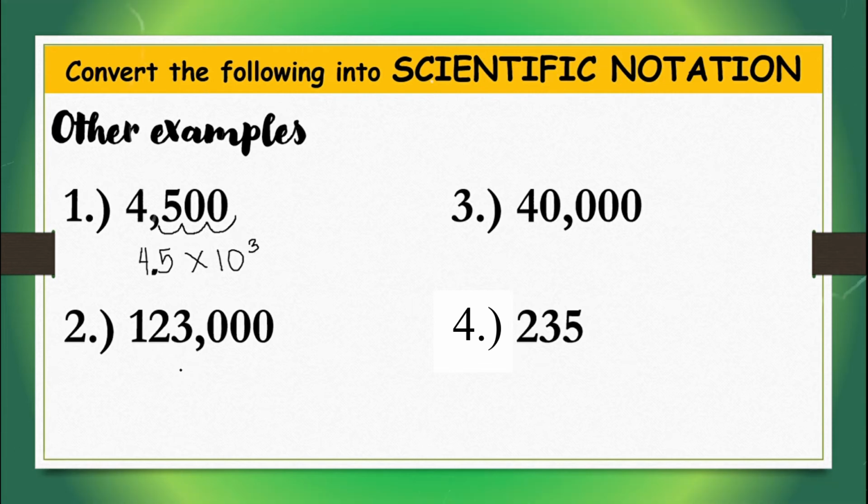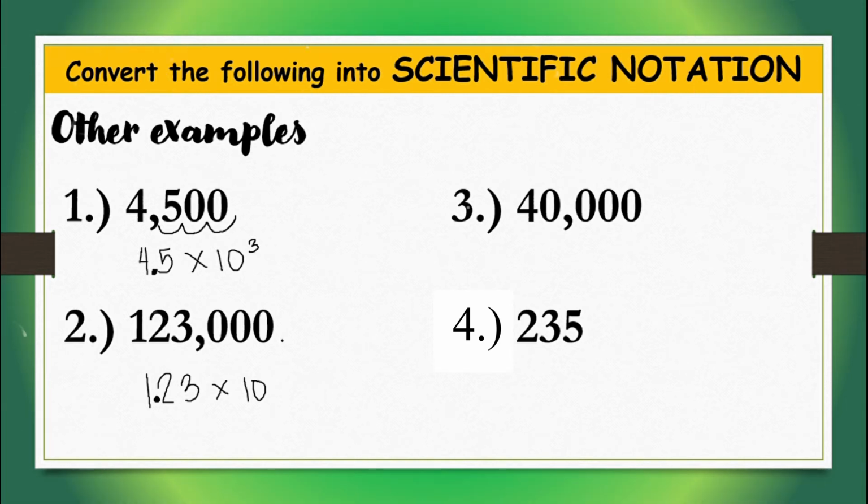For number 2, 123,000. So again, let's identify the significant digits. And then identify the first significant digit. So let us now try to find out what will be the exponent.